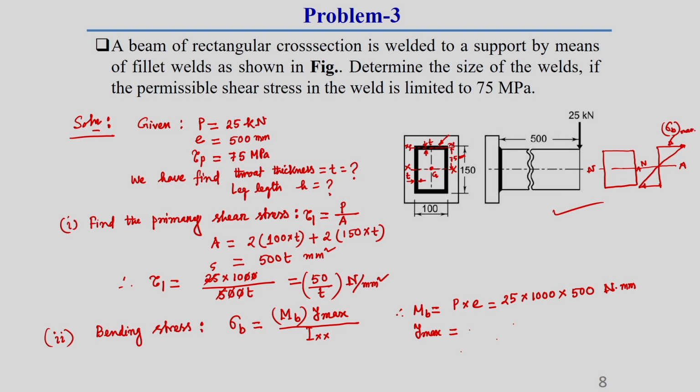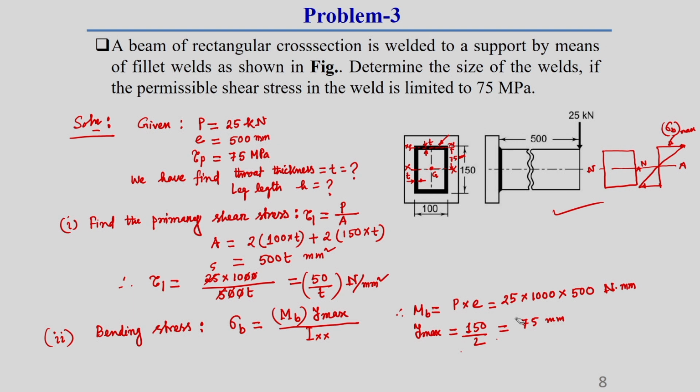So, the farthest distance from the neutral axis, or the CG axis of the weld, has the maximum bending stress. That is why we design the weld dimension using the weld farthest from the neutral axis, the capital XX axis. Keep this in mind. So, Y max equals 150 divided by 2, that is 75 millimeter.